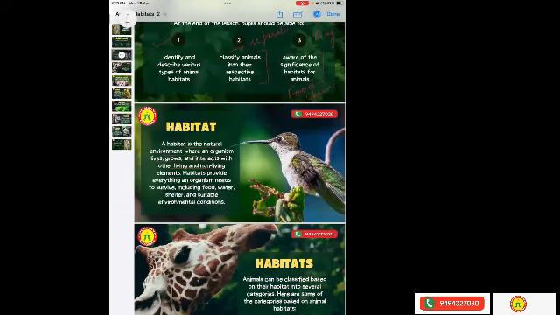For example, if I talk about the monkeys, monkeys will be living on the trees. To whom will they be interacting? Interacting does not mean that they will be talking.